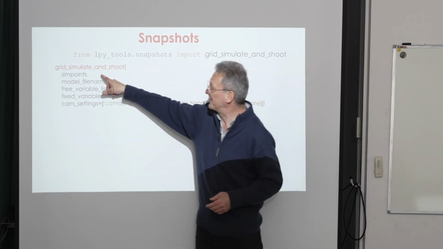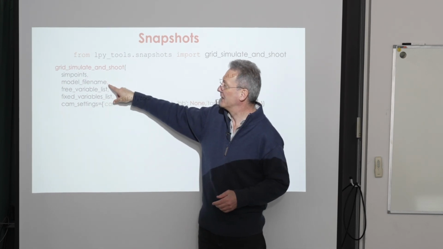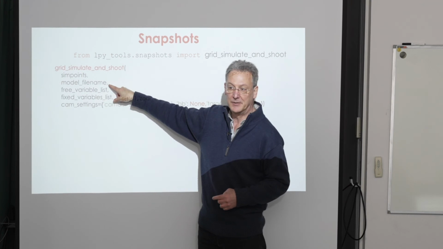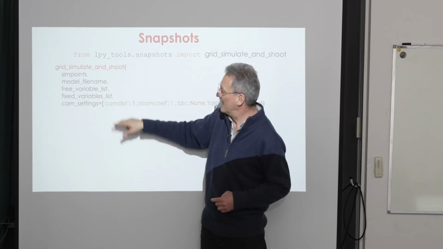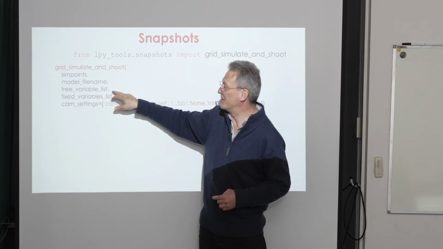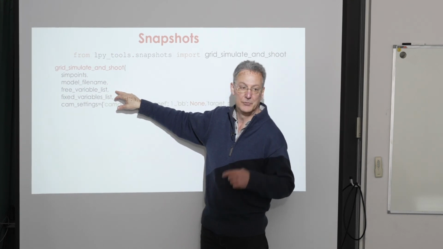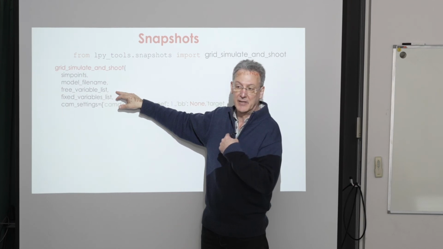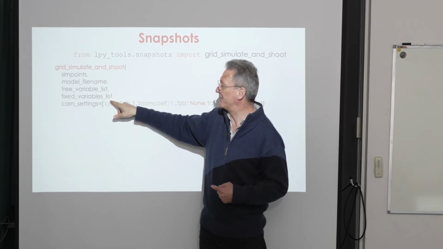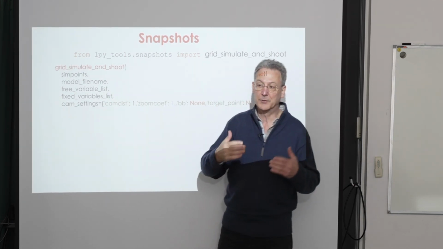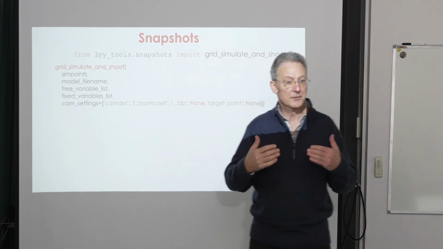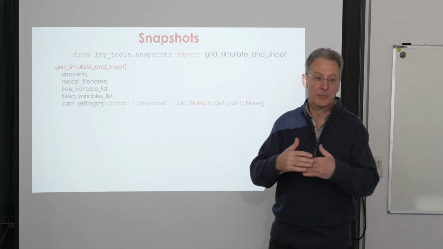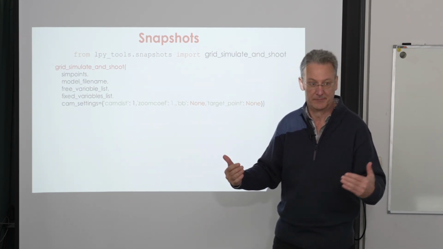And for each of these couples, you will apply the model, defined in this file name. And then what you give is a list of variables that you want to vary, so for instance, the n and the alpha before. And then a list of fixed variables, because you may want to register the fact that a certain number of values were used and had these values, but didn't vary.